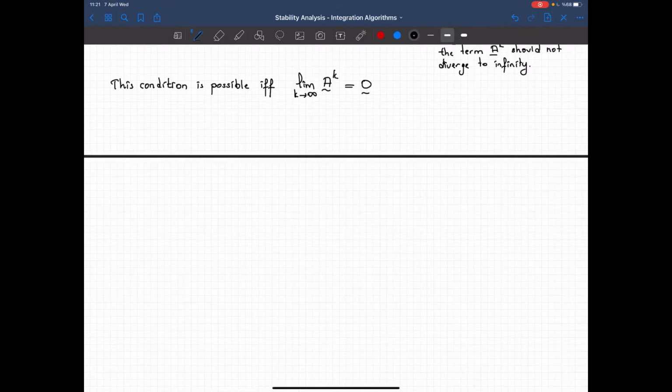So again, let's write this in terms of mathematical equations. So let V and lambda be the eigenvector and eigenvalue pair.